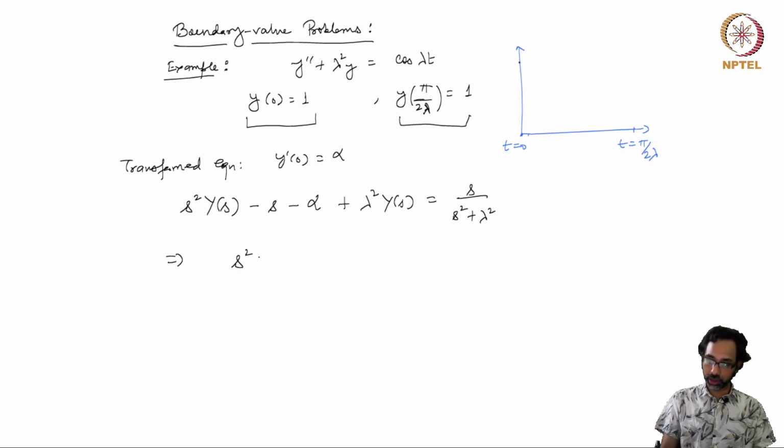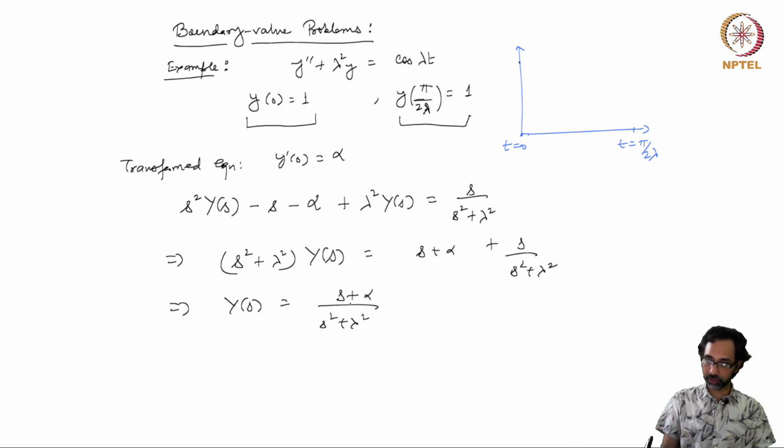Therefore (s square plus lambda square) Y(s) equals s plus alpha plus s by (s square plus lambda square). Now if you take s square plus lambda square to the right hand side, this is (s plus alpha) by (s square plus lambda square) plus s by (s square plus lambda square) whole square.